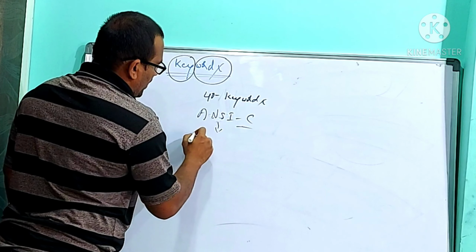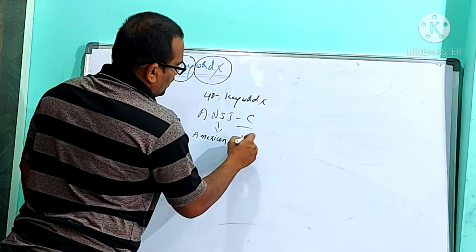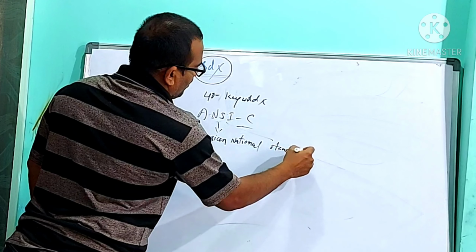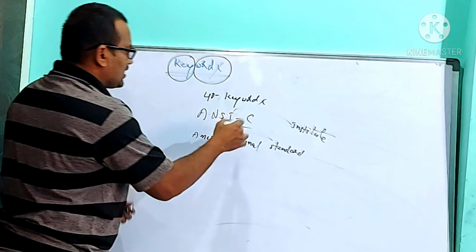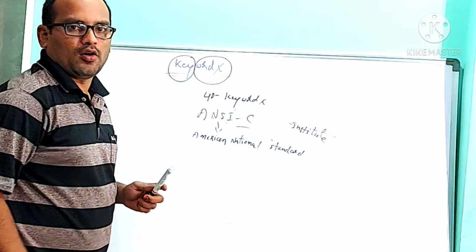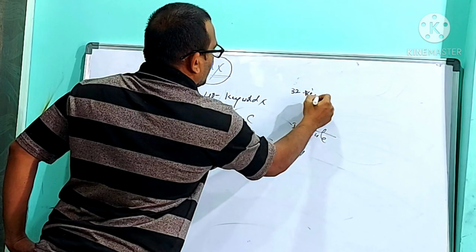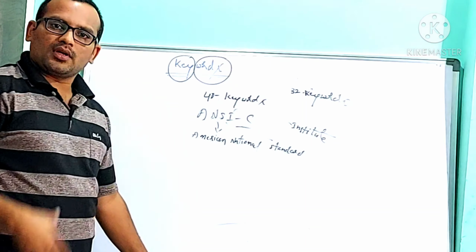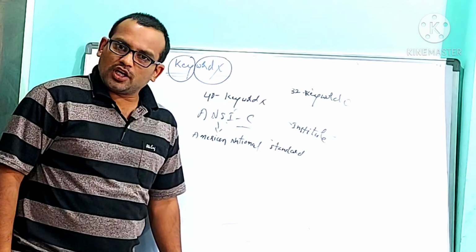ANSI means American National Standards Institute. Our compiler recognizes only 32 keywords. Yes, we have 40 keywords, but our C compiler understands only 32 of them.